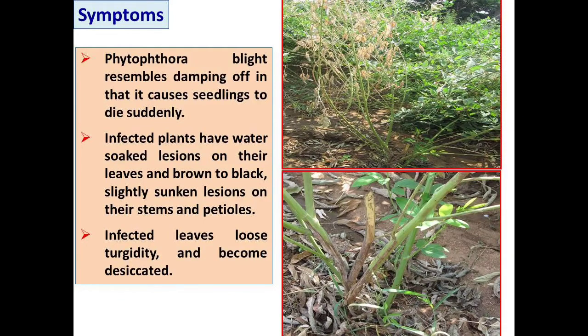So these are some marks of identification for pigeon pea Phytophthora blight. Infected leaves lose their turgidity and show parallel symptoms of wilting. So all the plants infected by this Phytophthora blight may die suddenly.